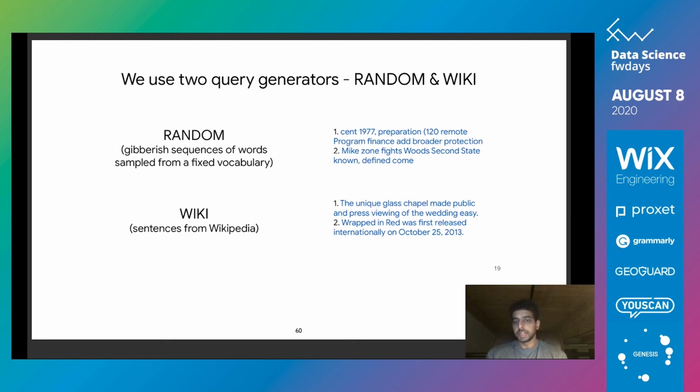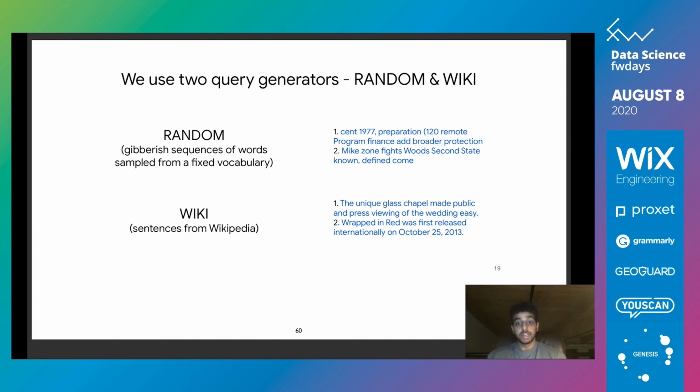If I want queries that look more like English sentences, I can just sample sentences from Wikipedia or random websites and submit them as queries to the API. This turns out to work better than issuing completely random sequences of words. But probably the most surprising result here is that you don't even need proper grammatical queries for this extraction attack to work.